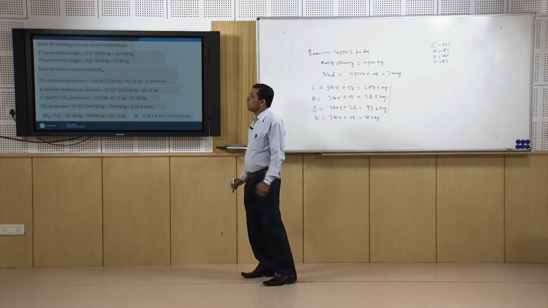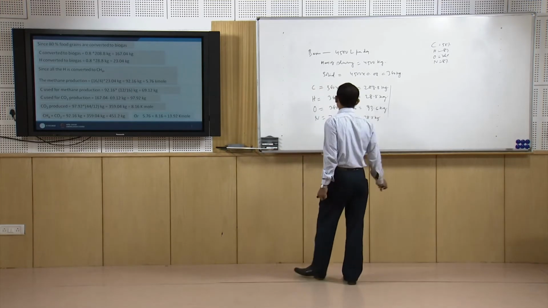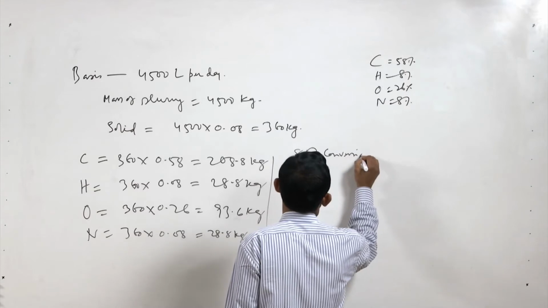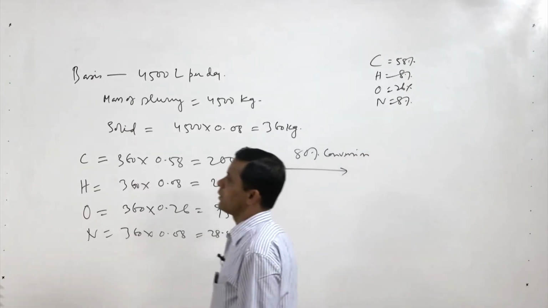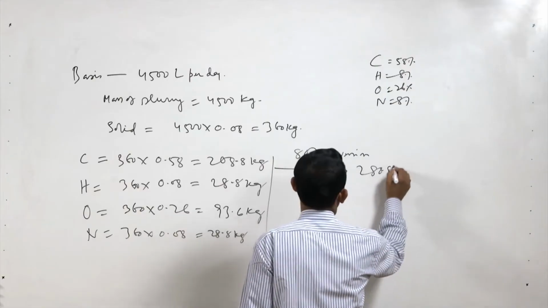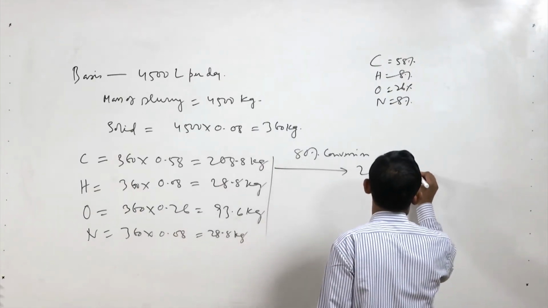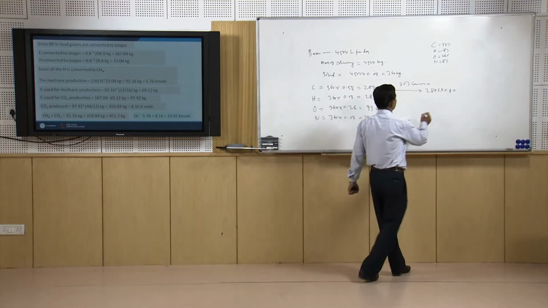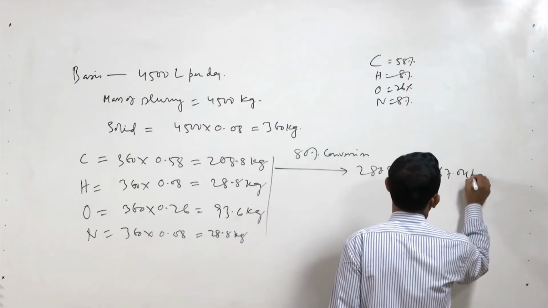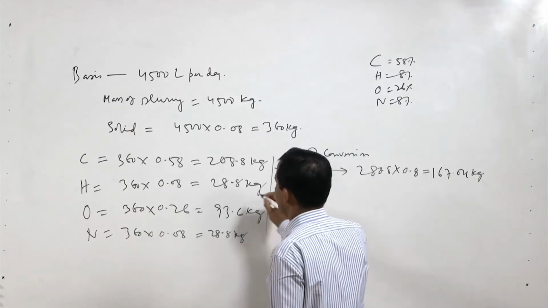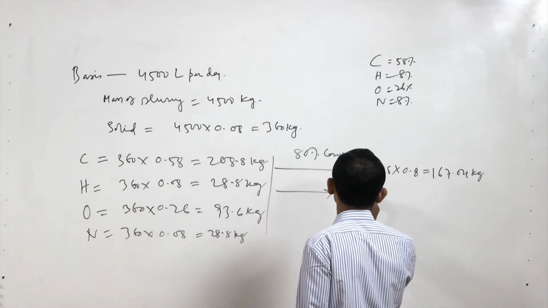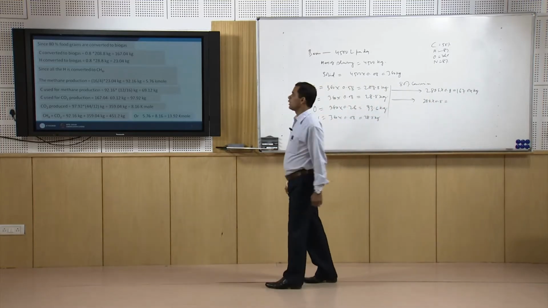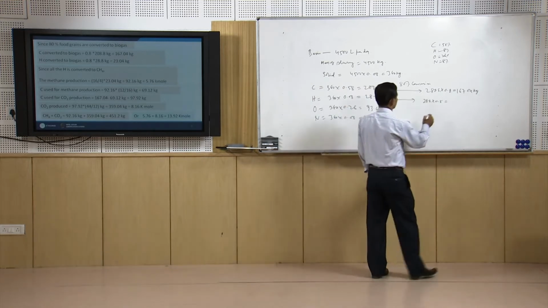Then what will we do? 80% is conversion. So, how much carbon is converted? 208.8 into 0.8, 80%, that is equal to 167.04. Then how much hydrogen is converted? 28.8 into 0.8, that is equal to 23.04.